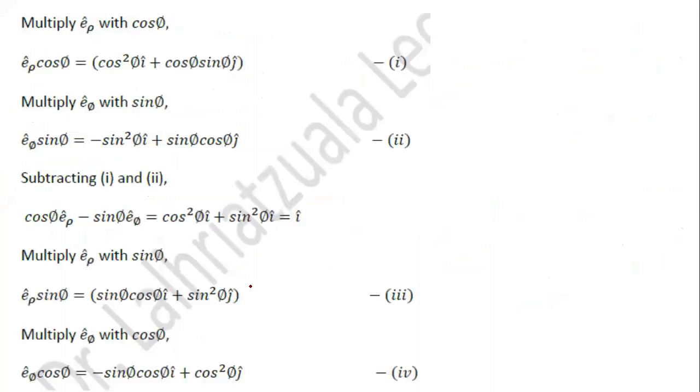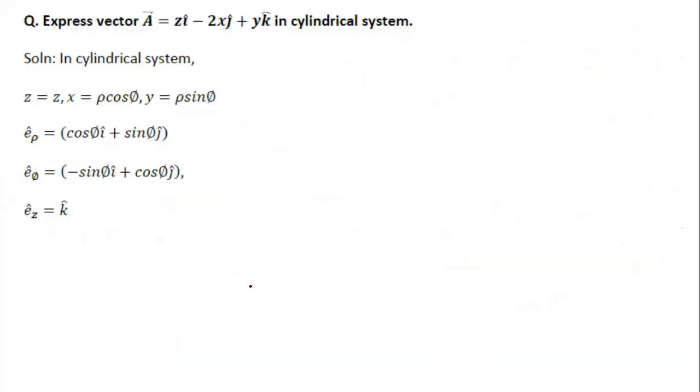And here is also another thing. If you are going to solve your vector problem in a cylindrical coordinate system, you should be able to write your vector in a cylindrical coordinate system.